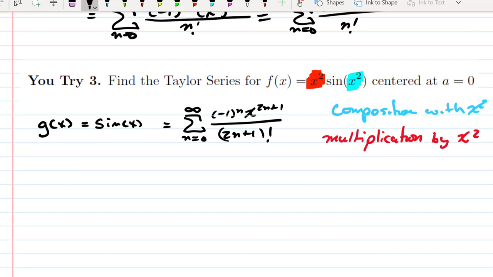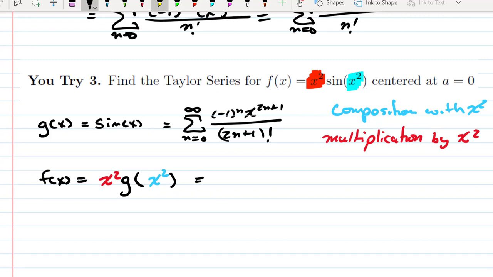So then f of x would be equal to x squared times our g of x, but g of x is composed with x squared as well.